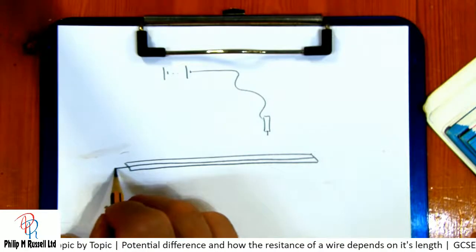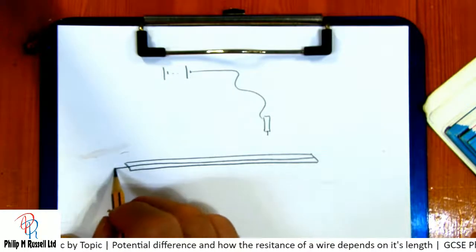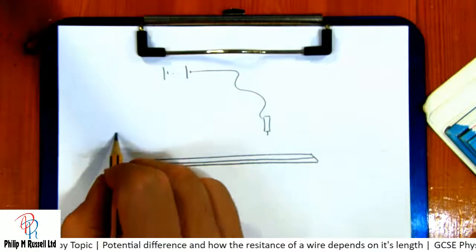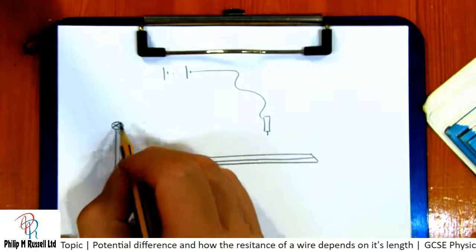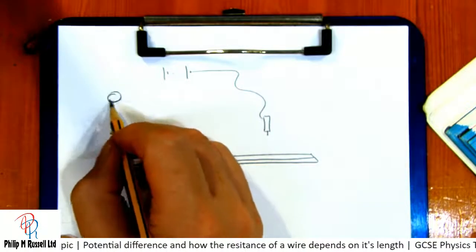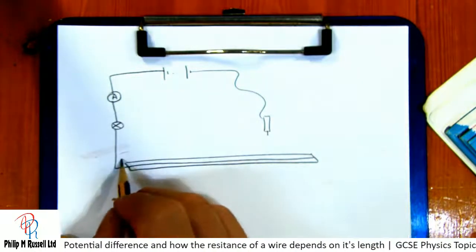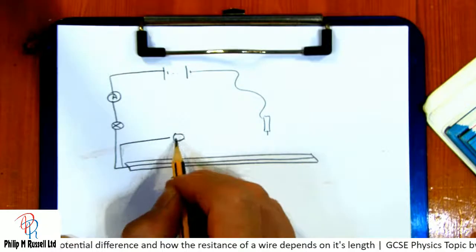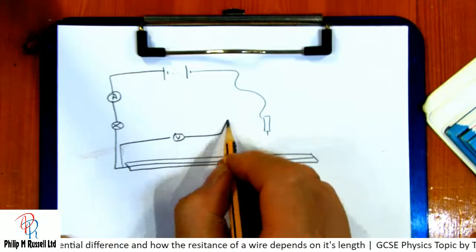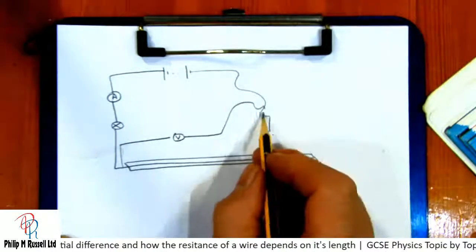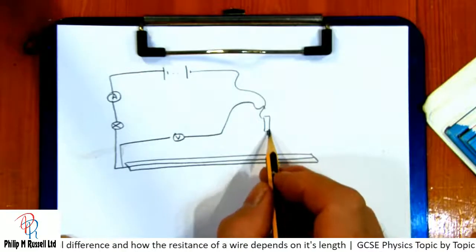Clamped to that wire we've got a bulb, an ammeter, and across here we've got a voltmeter.